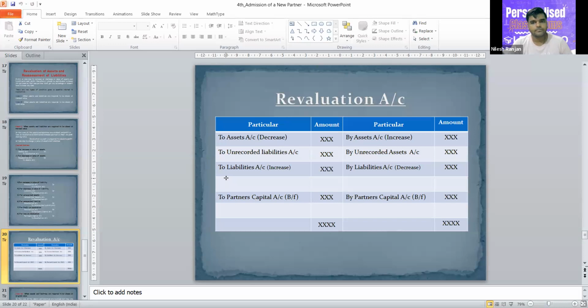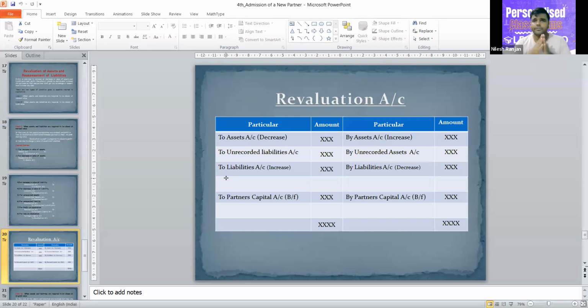Okay, now tell me, in the second case, it's showing the change in the value of the asset. In the first case, it is the new value that is given.